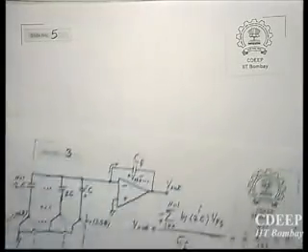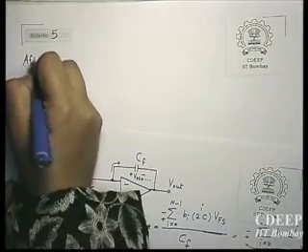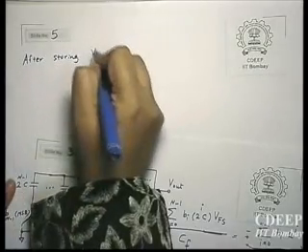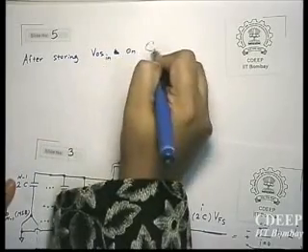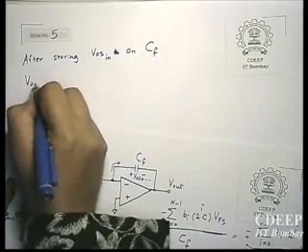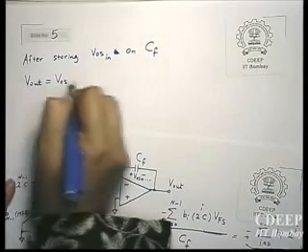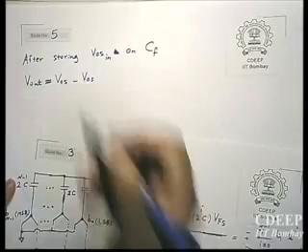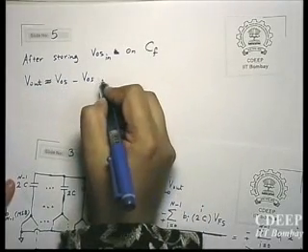So, after storing V offset in on CF, V out is V offset minus V offset. This is almost, because we approximated A to be very large.